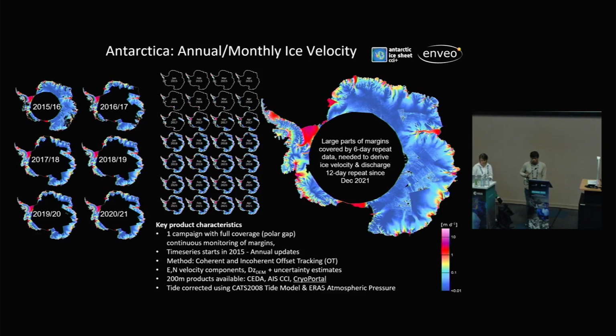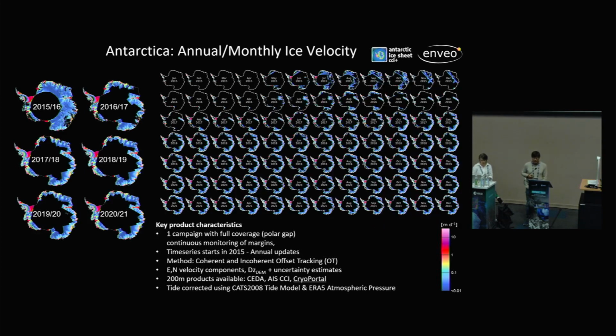We are producing monthly products starting in 2015, and they are updated on an annual basis. The method is a standard method combining coherent and incoherent offset tracking. We are providing easting and northing velocity components, but also the elevation change when we are looking at the displacements of the image acquisitions.